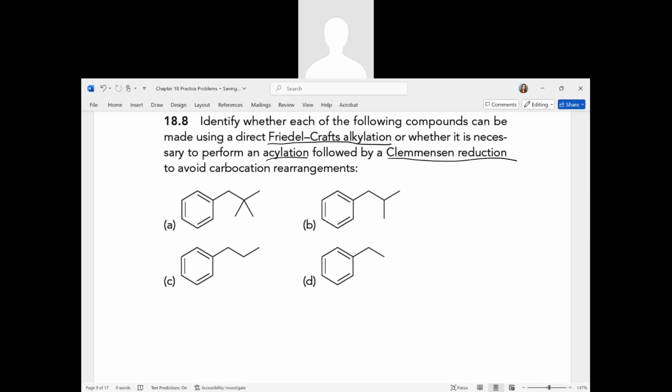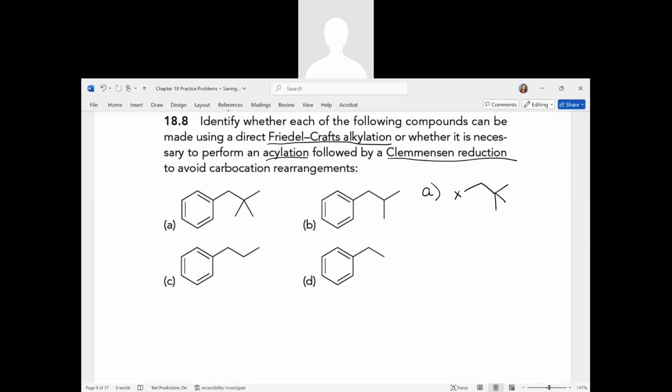So for A, we know that we have our benzene ring, and the type of alkyl halide that would be required to form this specific product would look like this.